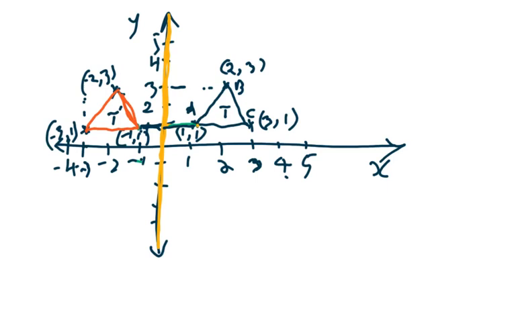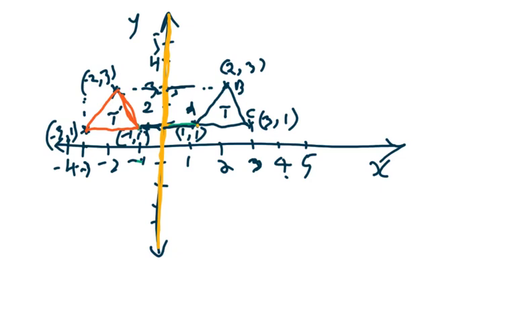Now, the important point to remember, especially when you are teaching this, is that the distance from the object to the mirror line must always be the same as from the mirror line to the image, and must be perpendicular. Everything is perpendicular to the mirror line. So that will be the image of T after undergoing a reflection along the y-axis.